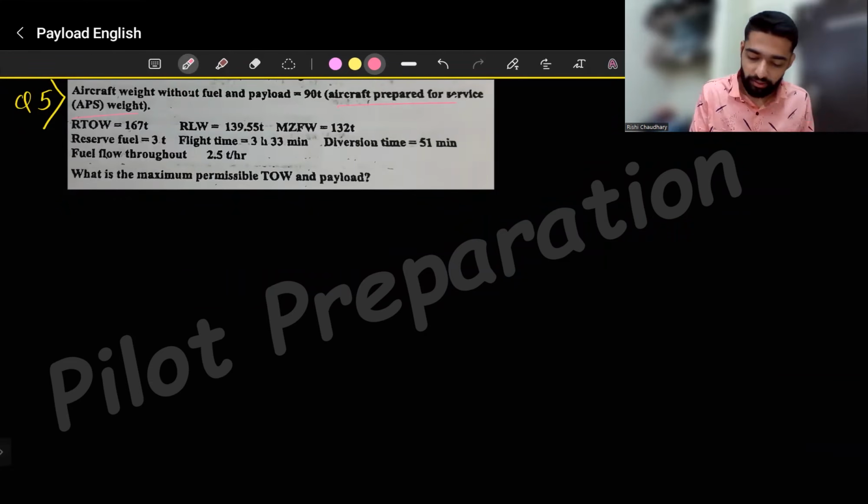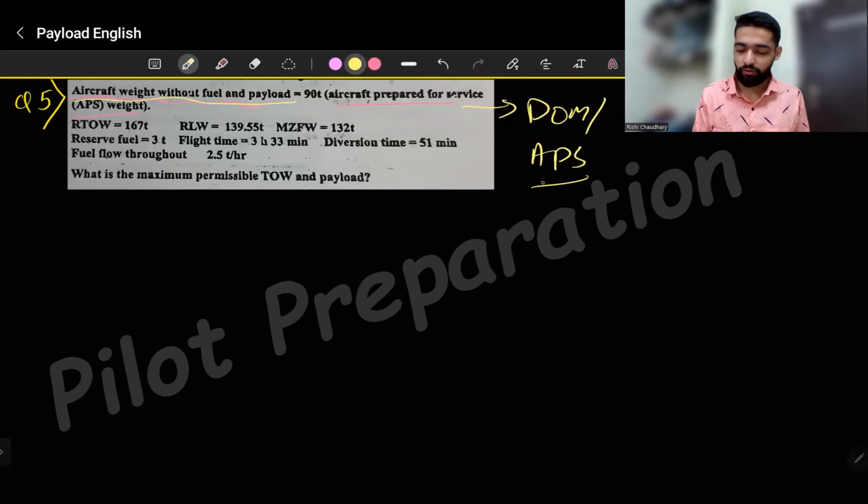Whenever they write a fancy phrase like this, they mean DOM or APS, aircraft prepared for service. It was given in the bracket as well, but many times it will not be given as a hint, so you have to always remember that this is equal to APS or DOM.